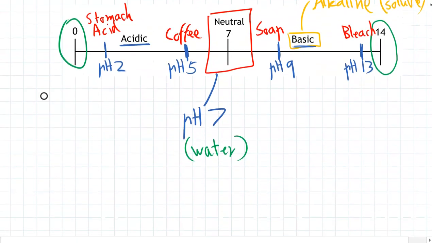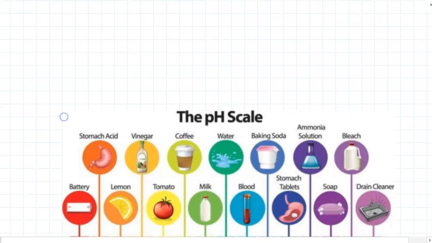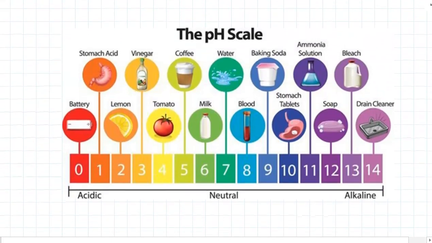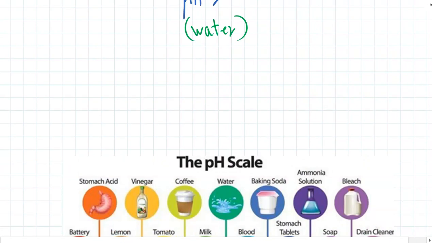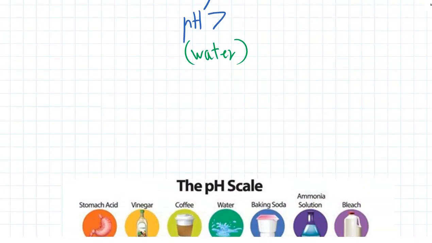But there's another way of looking at the pH scale, and that's using all these colours. So the reason that acids and bases often are represented by colours is because of chemicals called indicators.